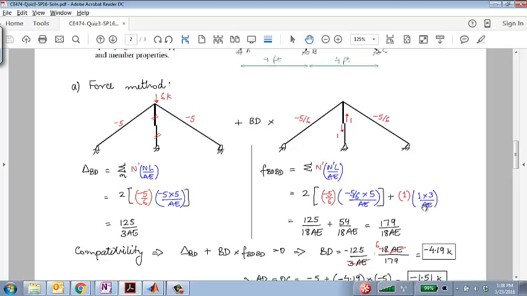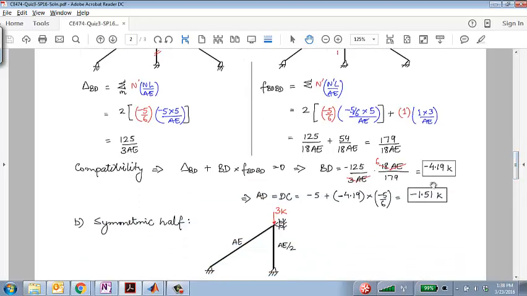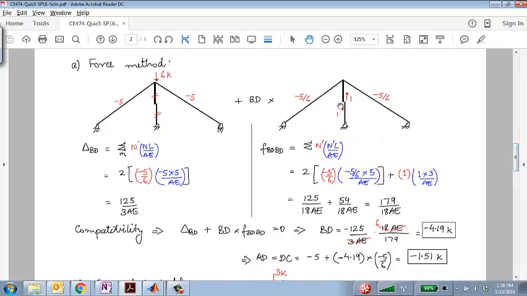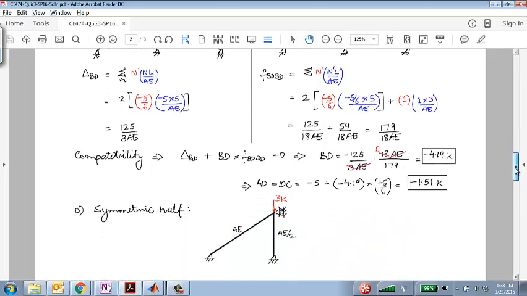Having this term here is extremely important. If you don't have this term, then you end up getting that this member does not take any force. So that was a common mistake that I saw. And finally, the results that you should have seen were 4.19 kips in the straight member and 1.5 compression, everything in compression on the diagonal members.